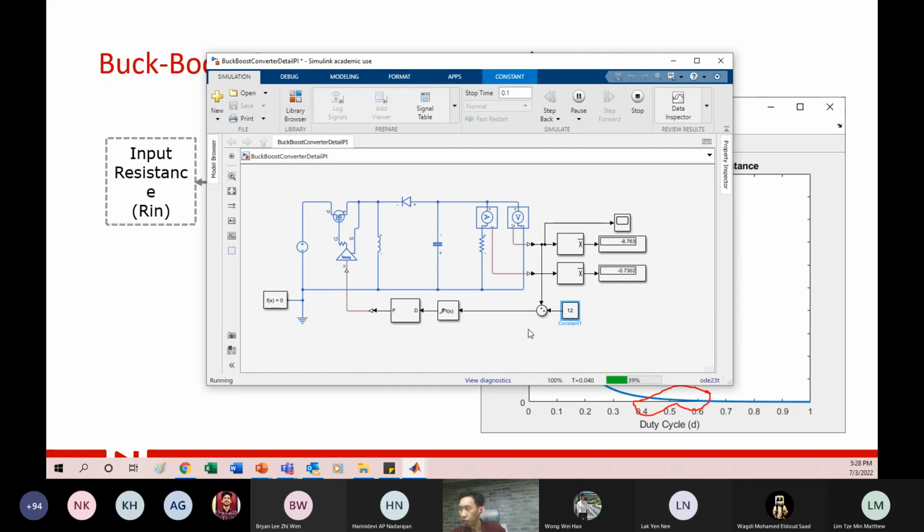They have so many of them, and the solver is not just designed for solving this electronic power circuit. It's designed to solve all sorts of different models. So when there are so many models to solve, of course the solver will be much more complicated as compared to Plex. Plex is only designed for power electronics, so it actually runs much faster. Like I said, I'm running only 0.1 second. It took roughly 1 minute.